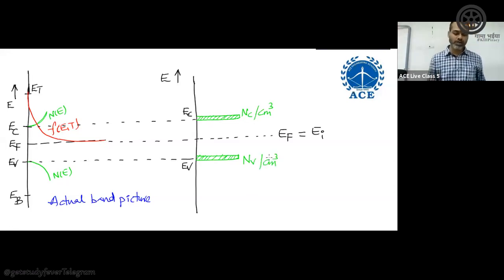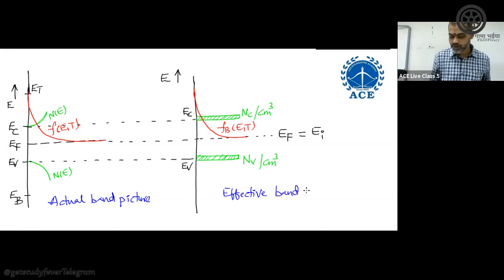And what about f of E comma T now? It's going to be the Boltzmann approximation to f of E comma T, with a little variation. You may not see exactly what the difference is. Now this is nothing but FB of E comma T. So instead of Fermi-Dirac, we are representing Boltzmann here. So this is the effective band picture.